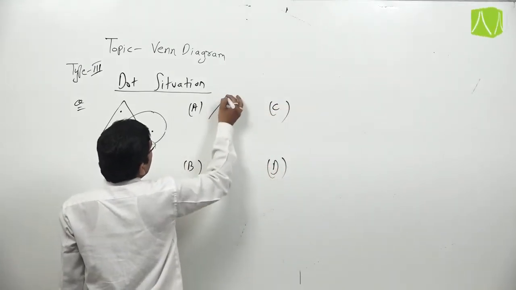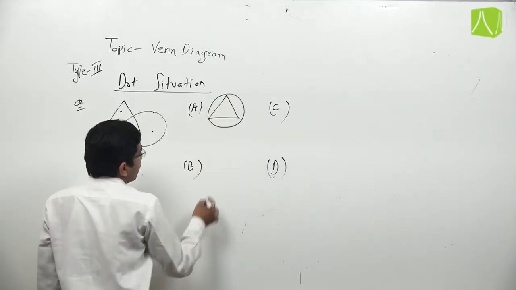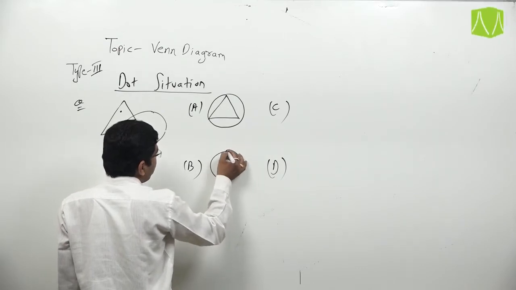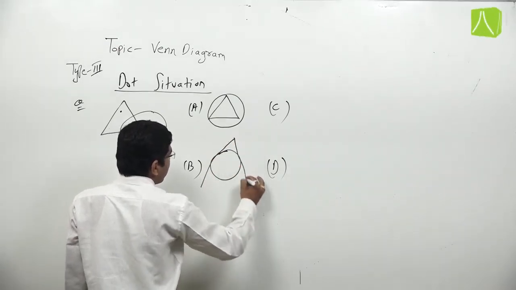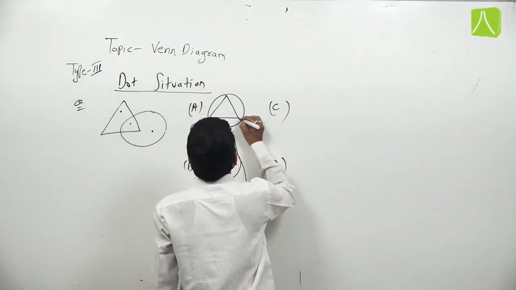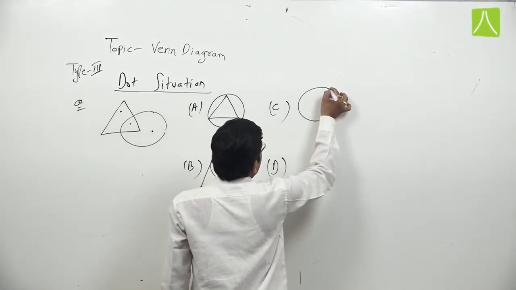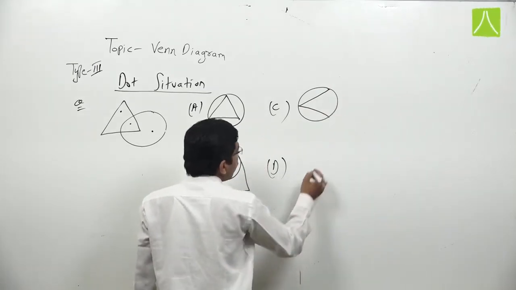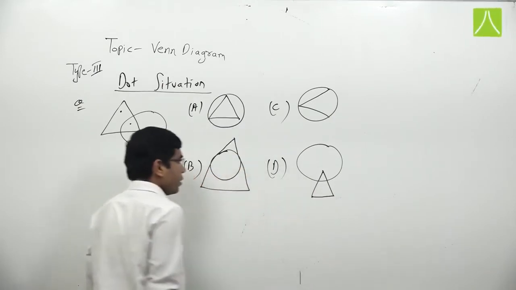Options are, first option is this, second option is like this, third option is this, and fourth option is like this.